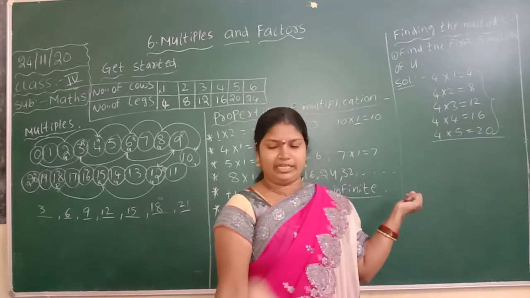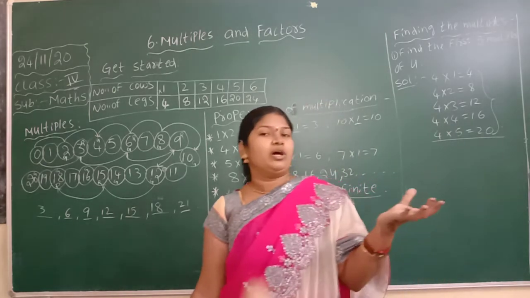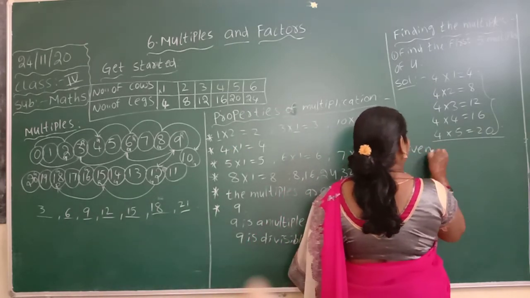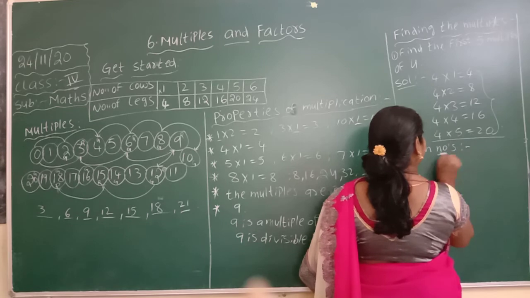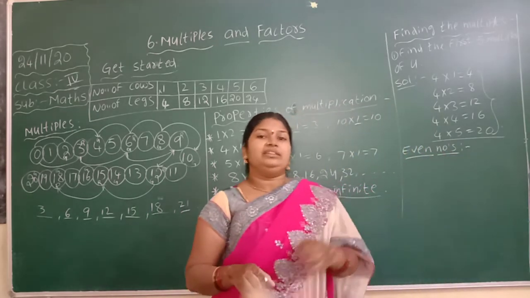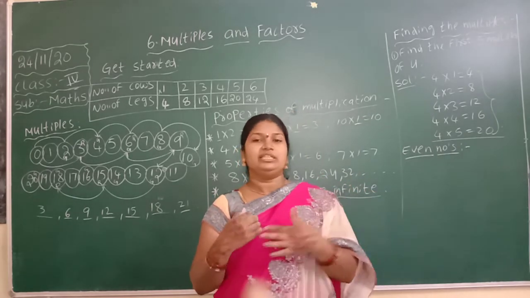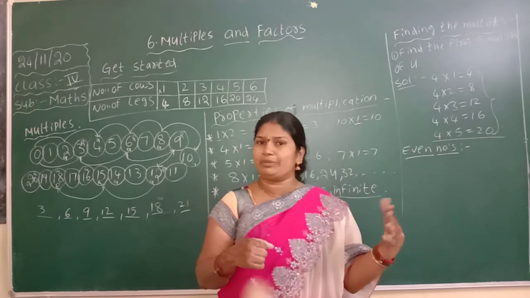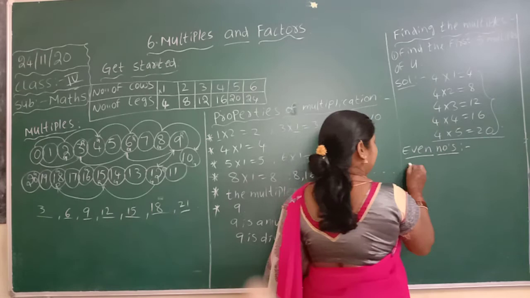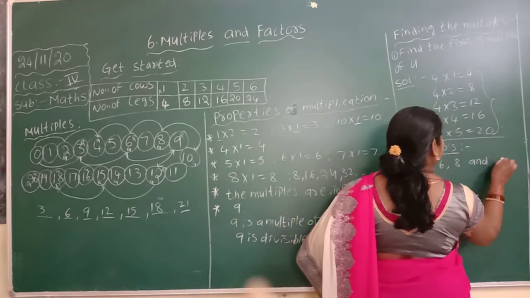Like this. Okay. And what do you mean by even numbers? Even numbers are nothing but the numbers which are multiples of 2. That is 2, 4, 6, 8 and 0.